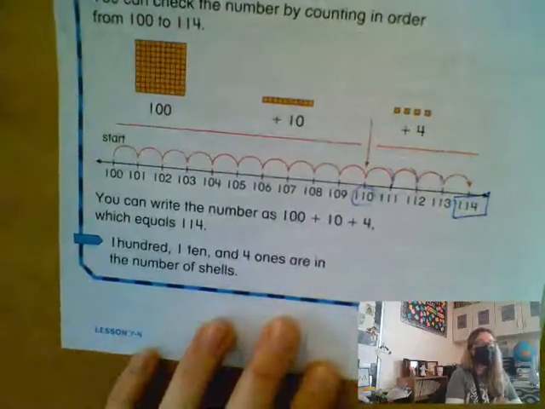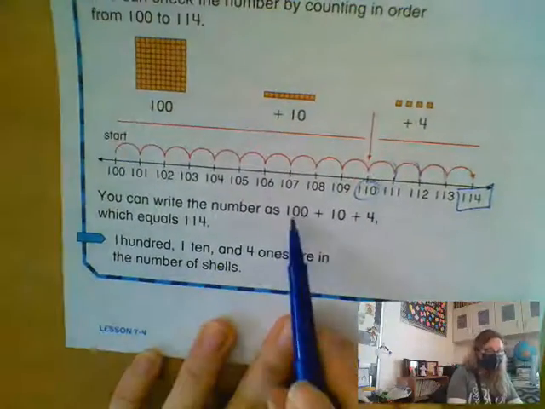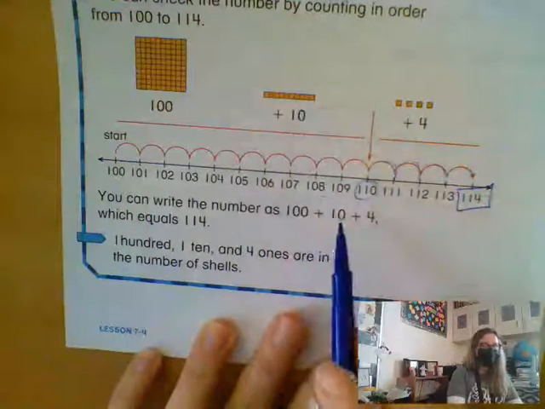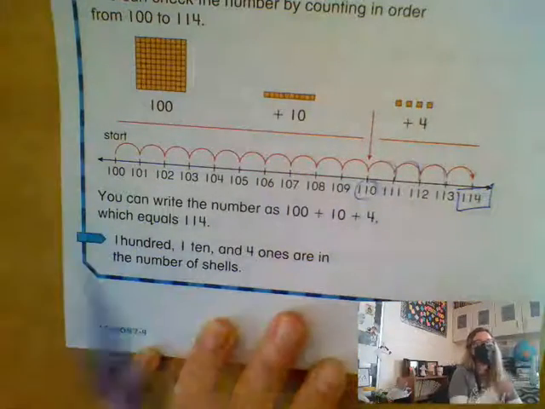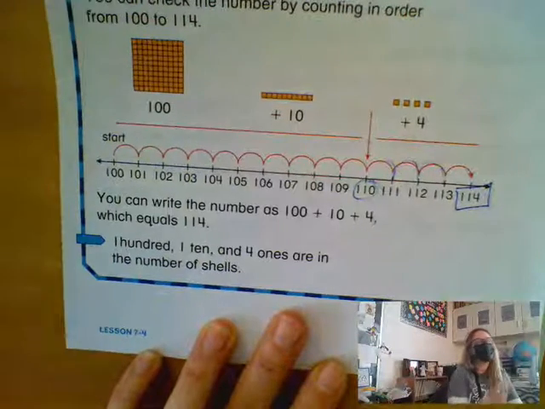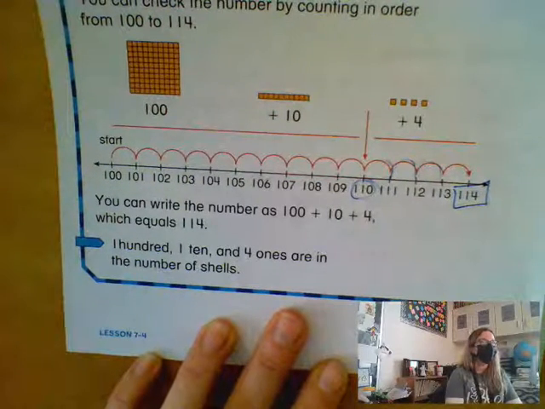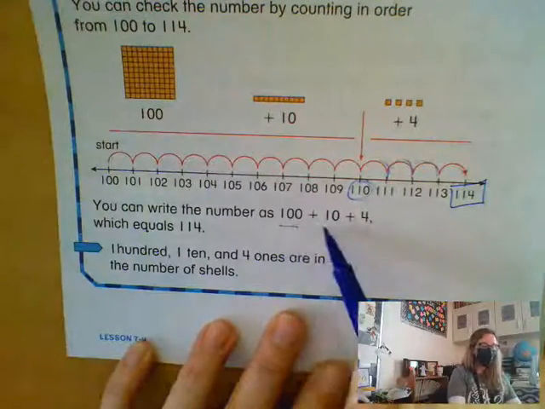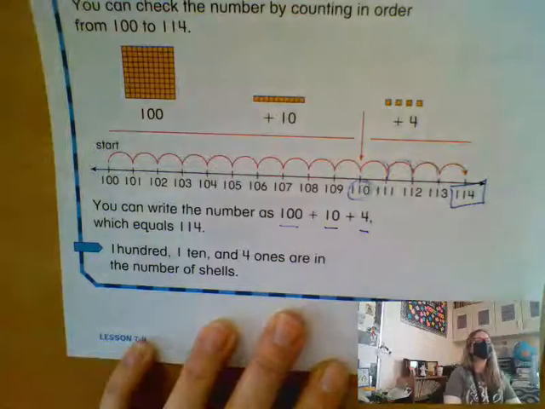So you can write the number as 100 plus 10 plus 4 equals 114. 100, 110, and 4 ones are in the number of shells. So our expanded form where we stretch out the number, we have 100, 110, and 4 ones.